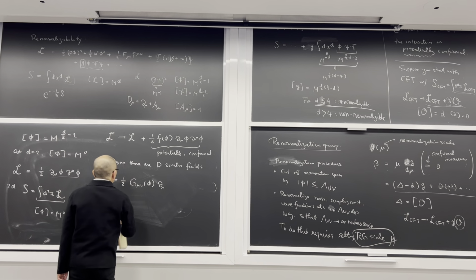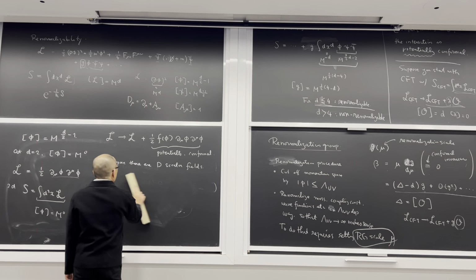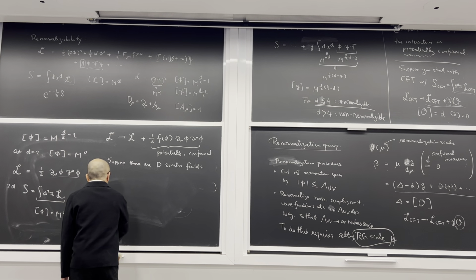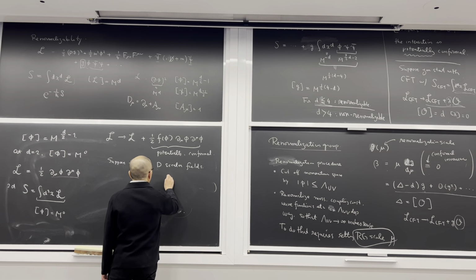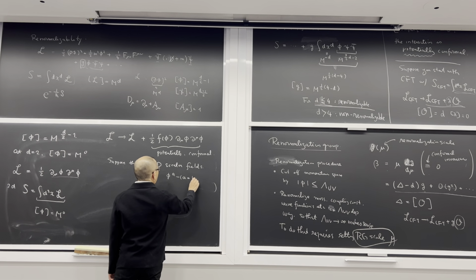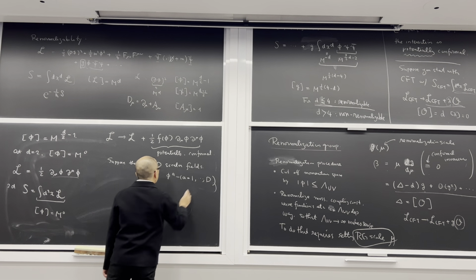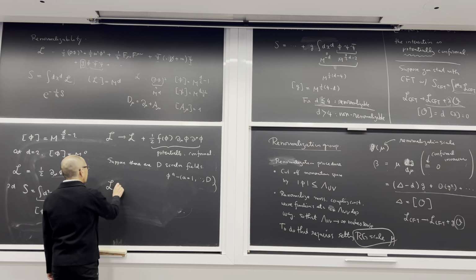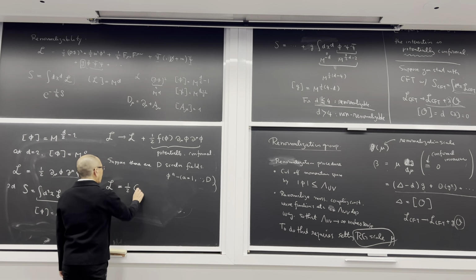Here I should use a different notation. Suppose you have scalar fields phi^A with A going from 1 to D. Then you can consider a Lagrangian of this form.